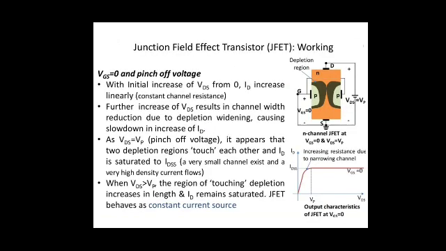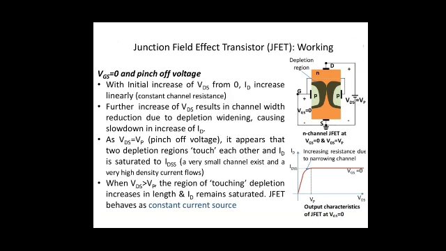Now suppose I apply some VGS; here it is VGS equal to 0. Whatever the gate voltage, whenever you are operating a JFET, you will try to apply voltage at the gate terminal that reverse biases the gate and channel.